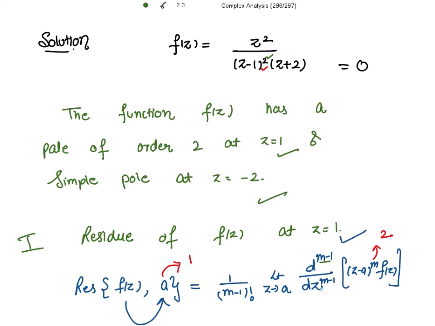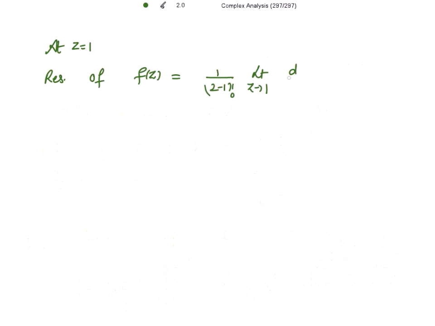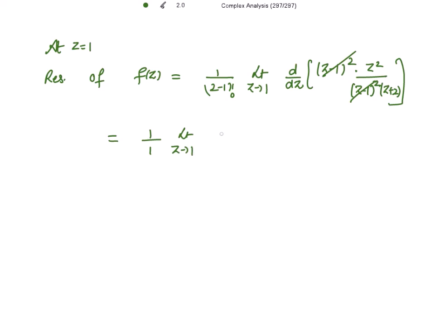So it is d by dz of (z minus a) to the power 2 into f(z). So this is d by dz of (z minus 1) to the power 2 into f(z), that is z squared divided by (z minus 1) whole squared into (z plus 2). Cancelling these two, we get 1 divided by (2 minus 1) factorial, which is 1, and limit z tends to 1, d by dz of z squared divided by (z plus 2).